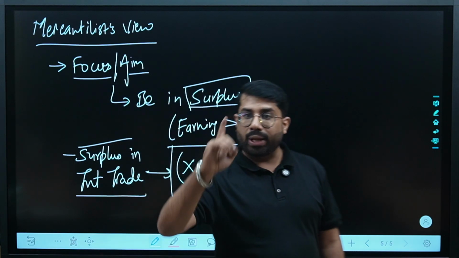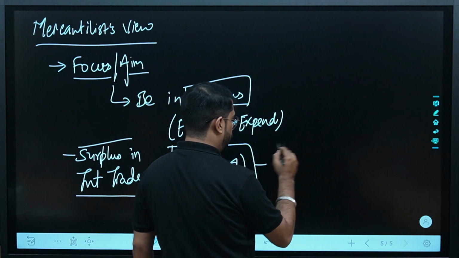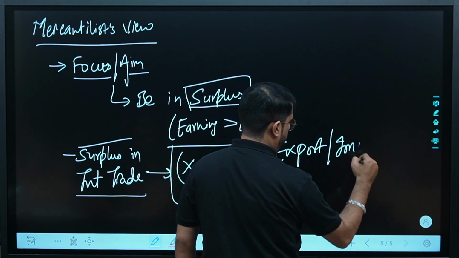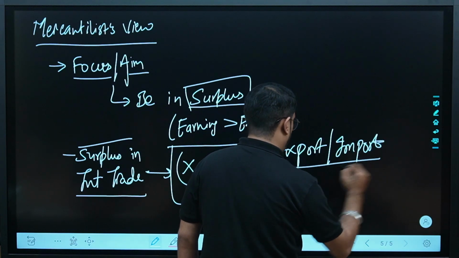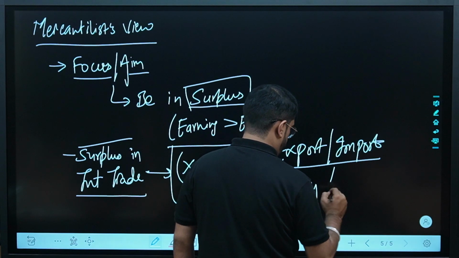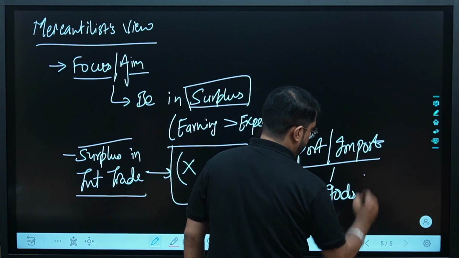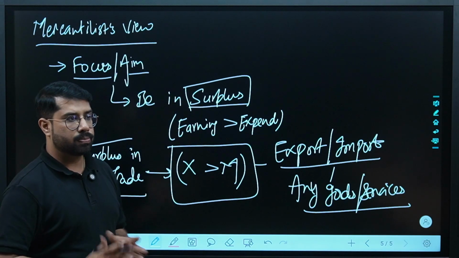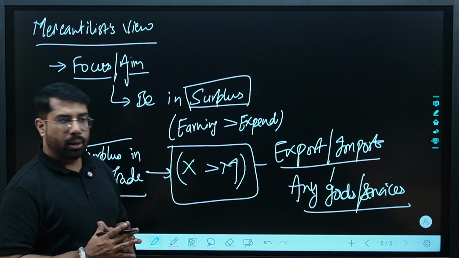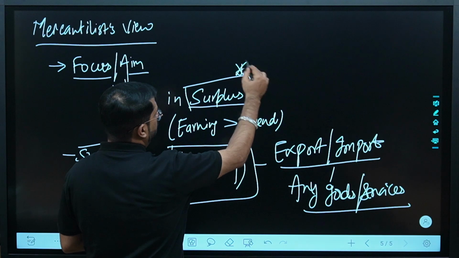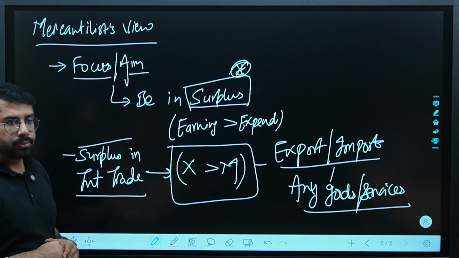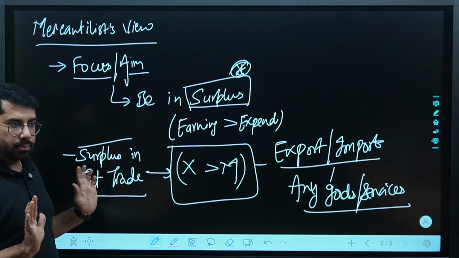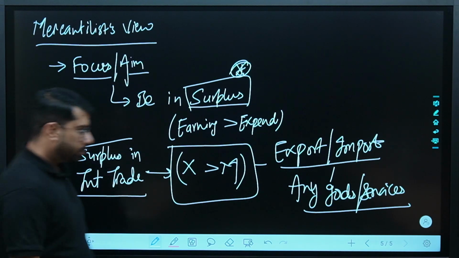Your export should be more than import, of any goods or services. What should be the idea? This is something which is important. Surplus. Are we clear? Yes or no? Yes. This is the mercantilist theory. That is it. Got it?